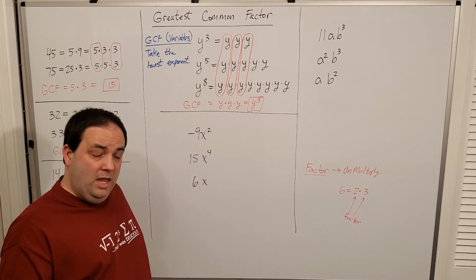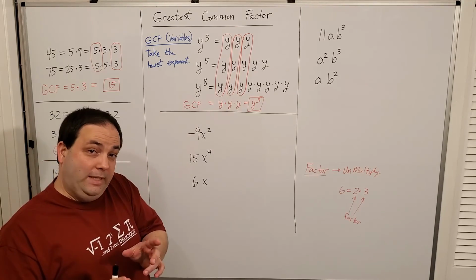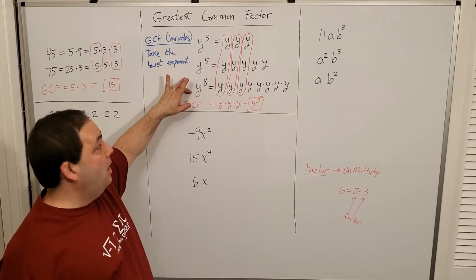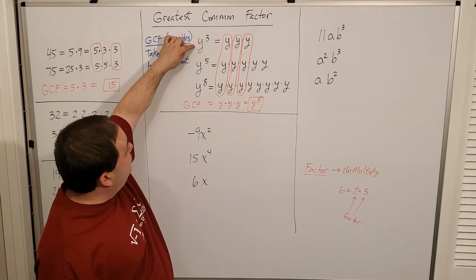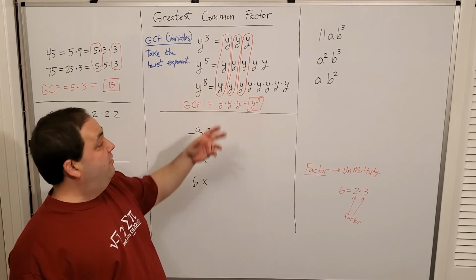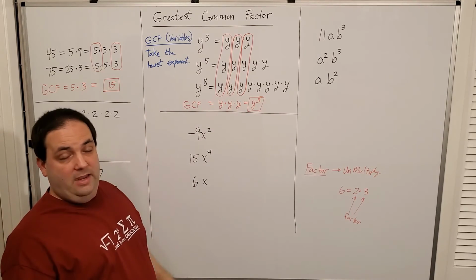Now, that doesn't mean that you take the lowest of all exponents that you see. They have to be in common, right? All of these y's were y's. They were in common. So y cubed, the lowest one, is the greatest common factor. 3 y's is what all of the terms could afford to pay, if you want to think of it that way.